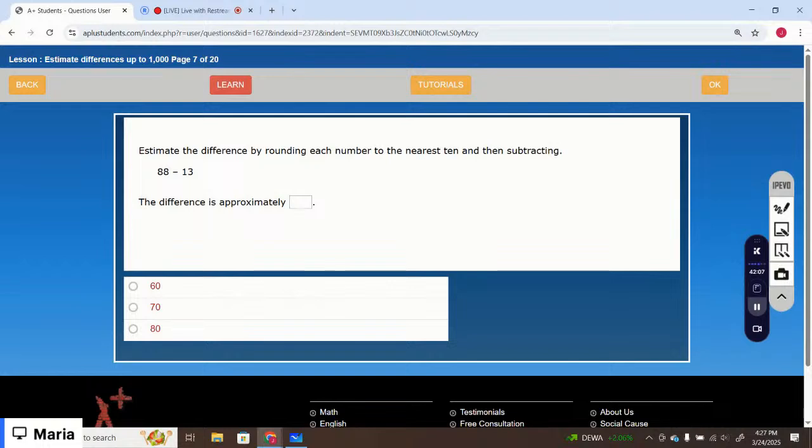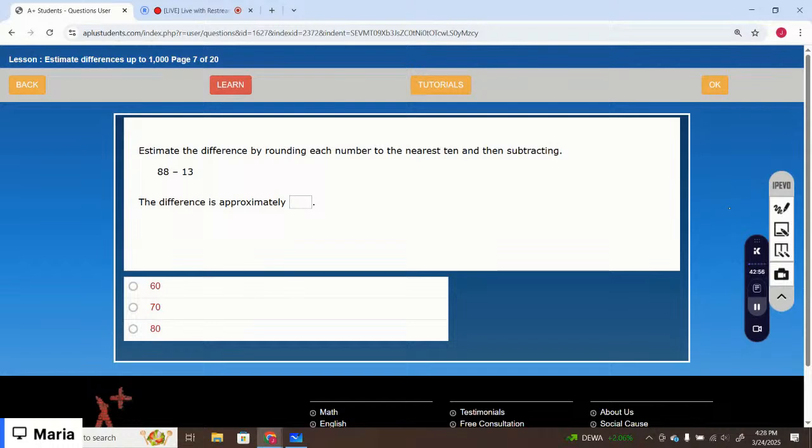88 minus 30, which is the correct option? 88 is rounded to 90 and 13 is rounded to 10.